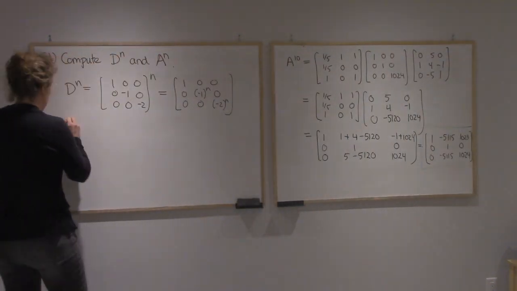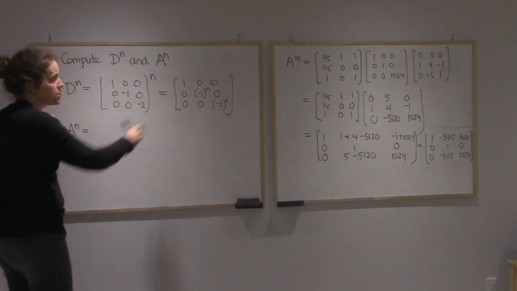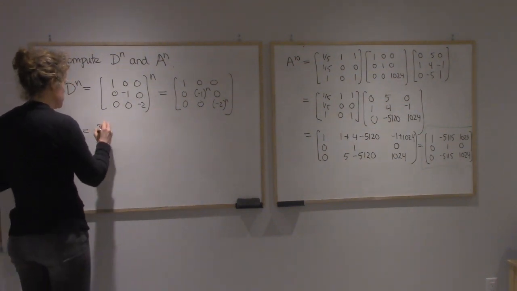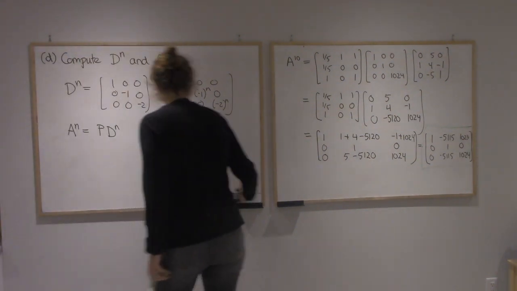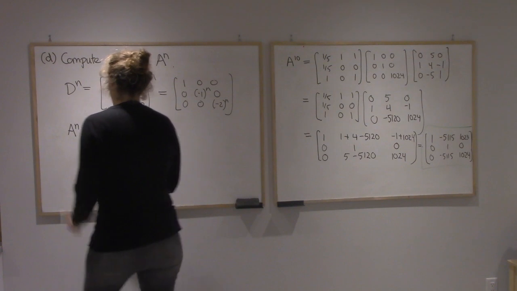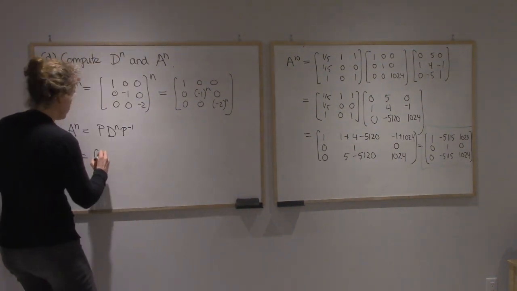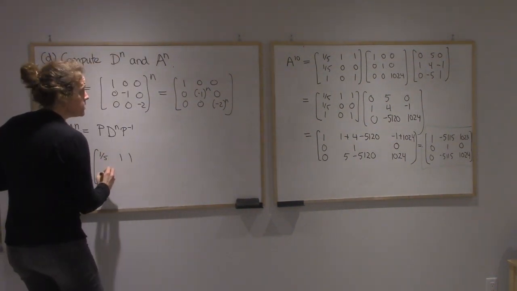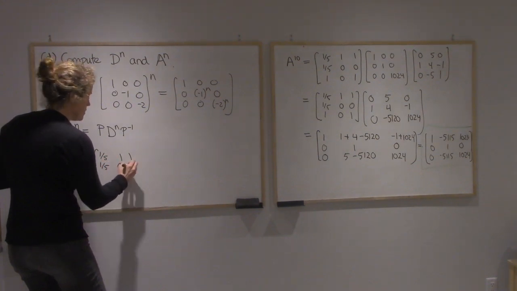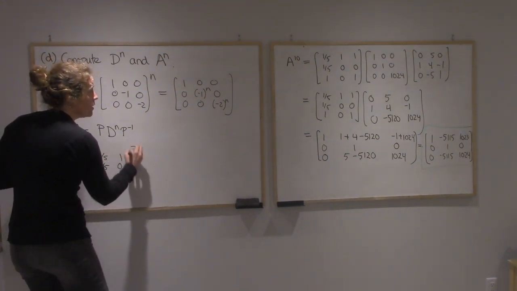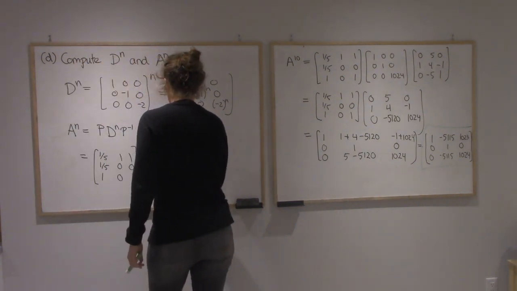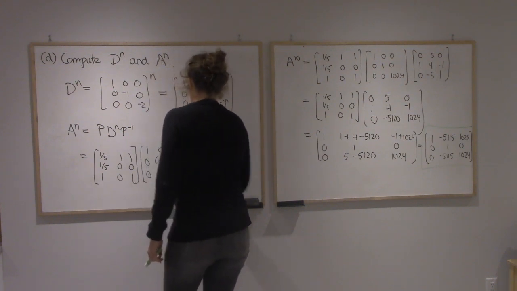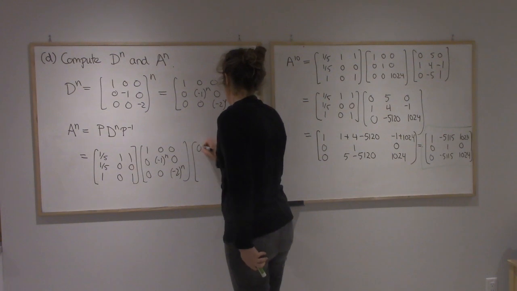And then A to the n, as we just argued over there, is P D to the n P inverse. So I'm going to get P is 1/5, 1, 1, 1/5, 0, 0, 1, 0, 1. And then we have 1, minus 1 to the n, minus 2 to the n, and then the same P inverse.